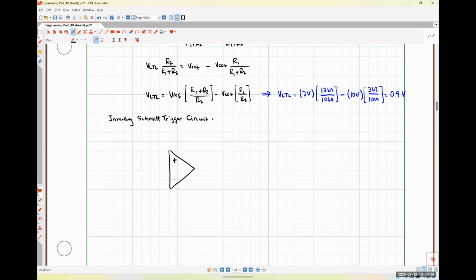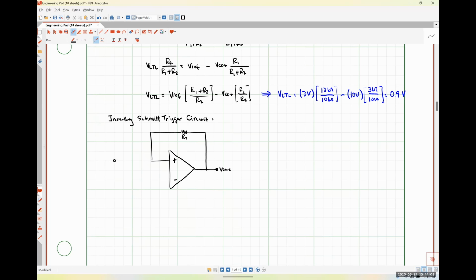Here's my non-inverting input terminal. Here's my inverting input terminal. I should have positive feedback, where that feedback resistor's value is going to be R2 again. Here's Vout.